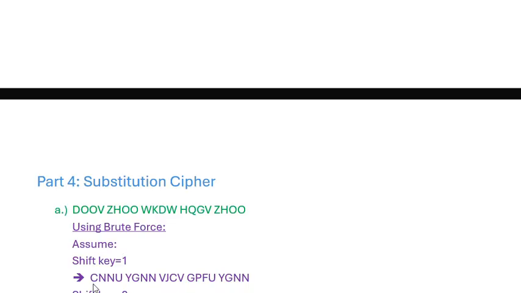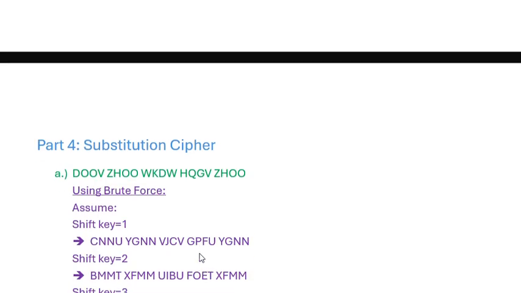So now D will be converted to C, right? So that's how we shift it. So D has changed to C. Now O and O has changed to N, right? And likewise for other alphabets.